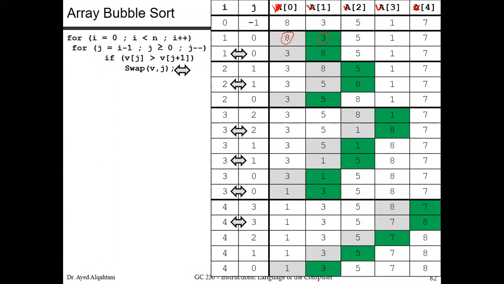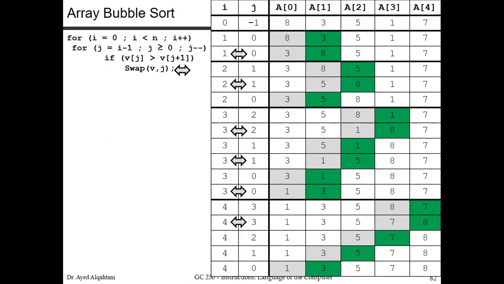If whatever in 0 is larger than 3, and it's satisfied here, then you have to do the swap, and the swap will swap the 8 and 3, as you can see here. And after that, you will decrement the j, and you will find that the j is -1. So you get out of the for loop. We are not going to repeat this every time because of the space in the slide.